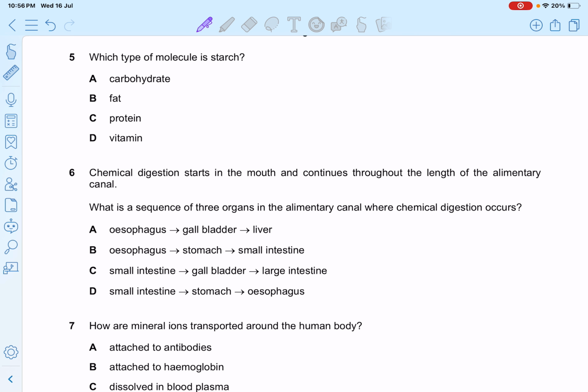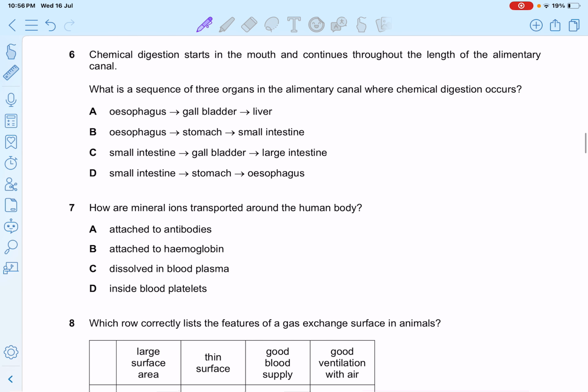Question 5. Which type of molecule is starch? Carbohydrate, fat, protein, vitamin? So which one of them? Yes, bravo. The correct answer is A. Question 6. Chemical digestion starts in the mouth and continues throughout the length of the alimentary canal. What is a sequence of 3 organs in the alimentary canal where chemical digestion occurs?